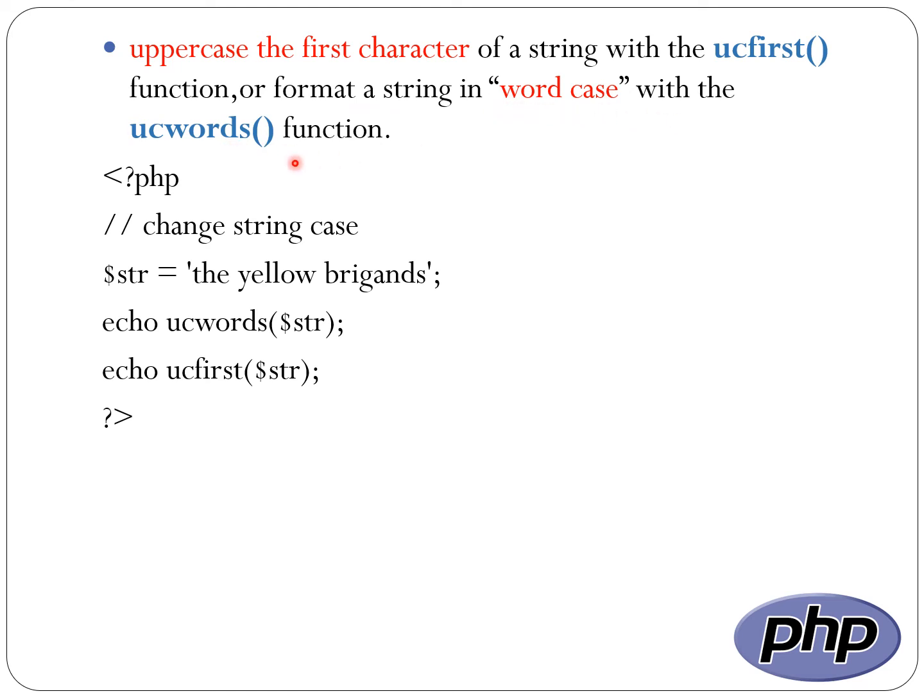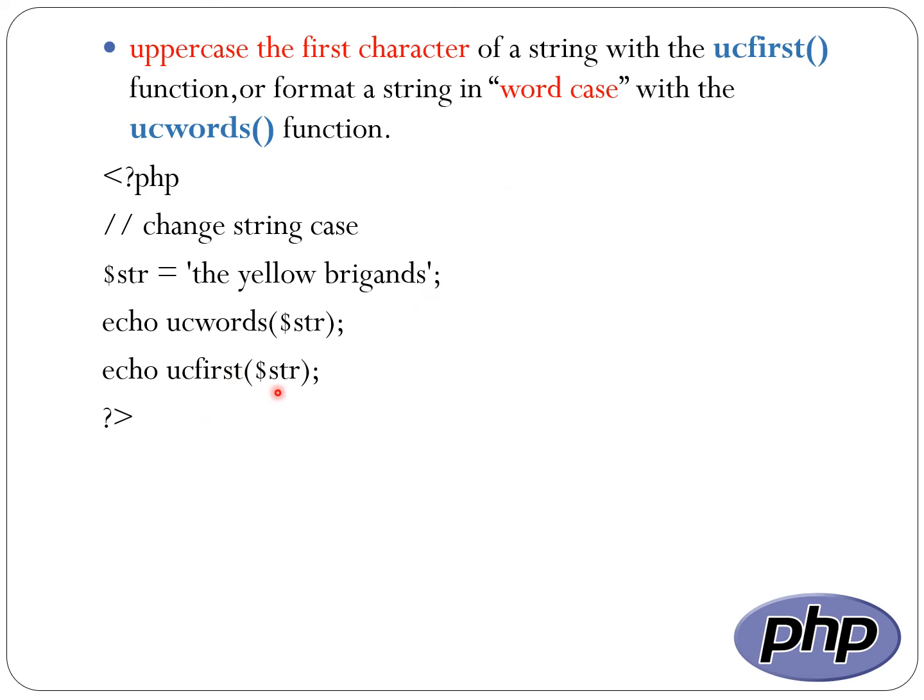So here we have an example. $str is equal to "the yellow brigands", all in small letters. Echo ucwords of $str means all the words in the corresponding str variable, all the first letters of the words in str, should be in caps.